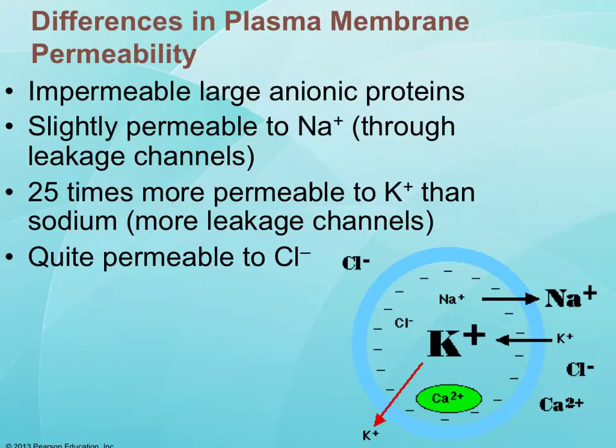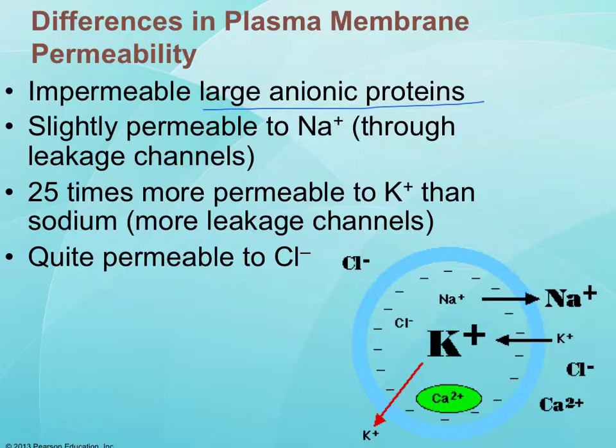The negative ions inside are those large ionic proteins, and they are so large that they cannot go out of the cell membrane. And the cell membrane is only slightly permeable to sodium compared to potassium, which goes out more easily. There are more leakage channels for potassium.